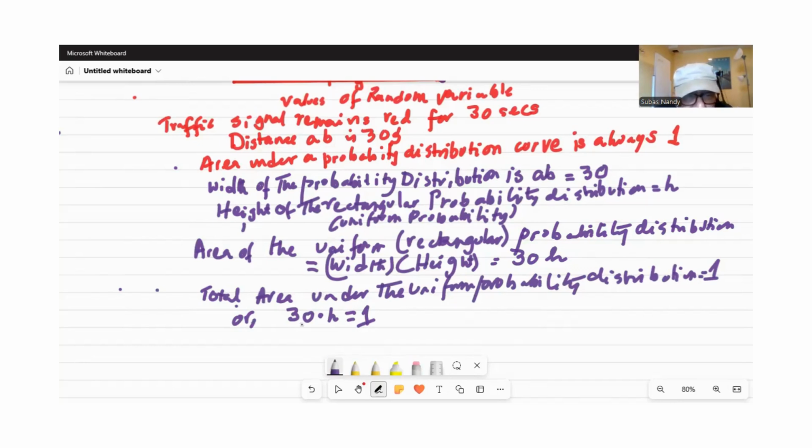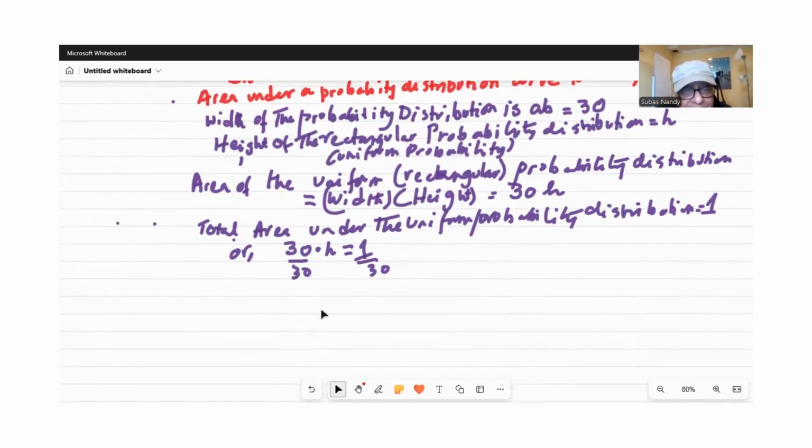Now we will divide by 30 on both sides. So what do we get? The 30 and 30 cancel on the left-hand side, and we get h is equal to 1 over 30. But what is h?